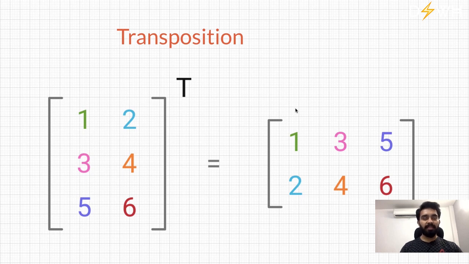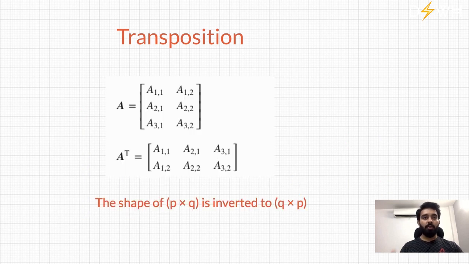So we have mirrored the axis, and you can see that the shape of the matrix is inverted whenever we evaluate a transpose. Whenever we have a matrix with shape P cross Q, it is inverted to a matrix with shape Q cross P.